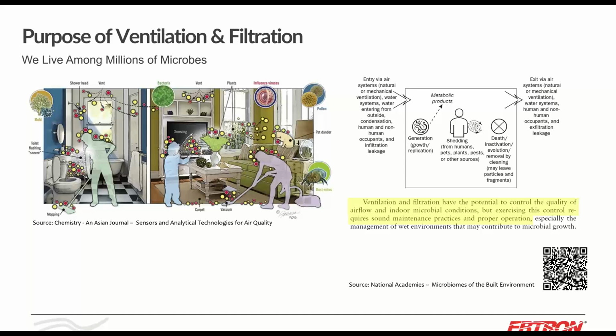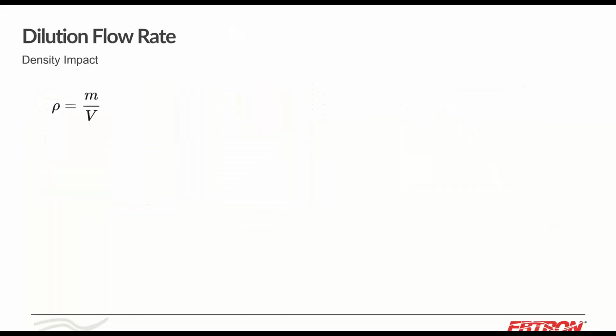So this document from the National Academies for Microbiomes in the Built Environment spells out how ventilation and filtration are very good at controlling the sources. Certainly humidity and moisture have a big impact on the ability of these microbes to survive and thrive within the space.